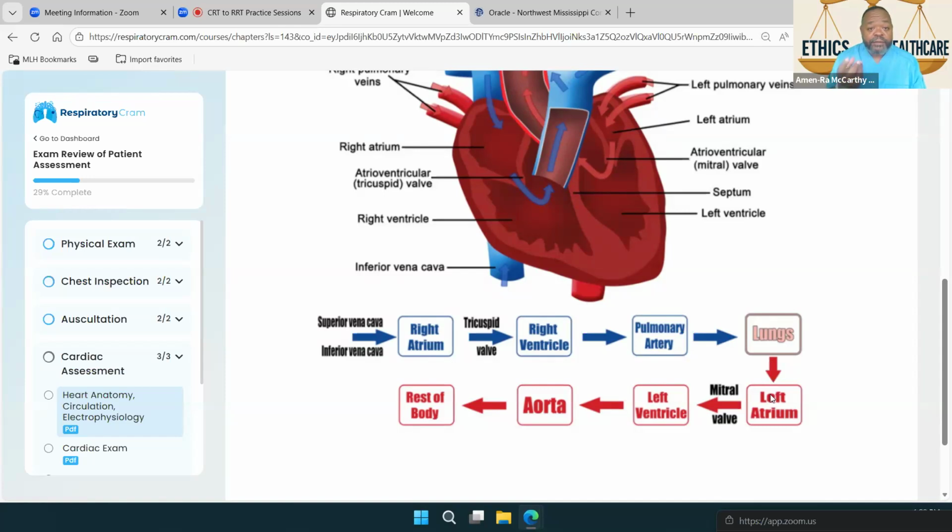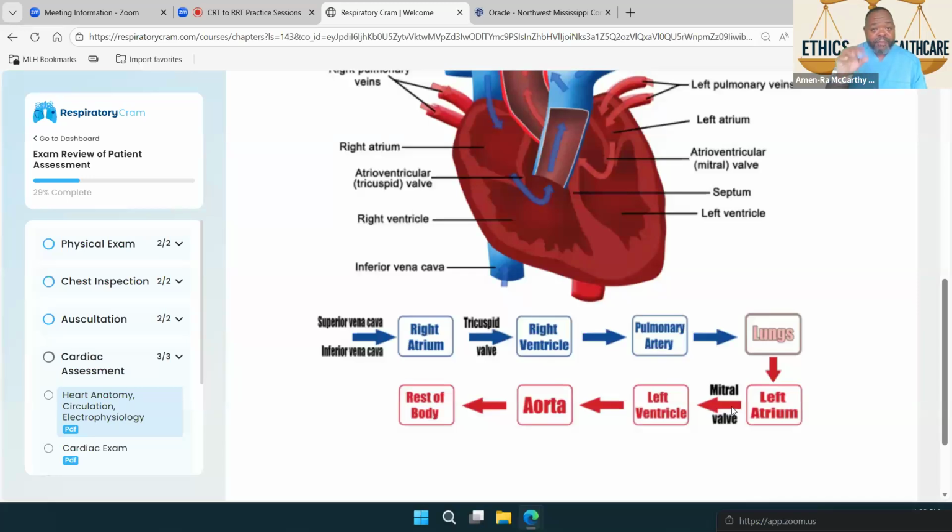Those are important, right? The pulmonic valve, aortic valve, those are important. So when it leaves the right ventricle, it goes through the pulmonary valve and then the pulmonary artery, then to the lungs. After the lungs, it comes back into the left atrium, goes through the mitral or bicuspid valve.